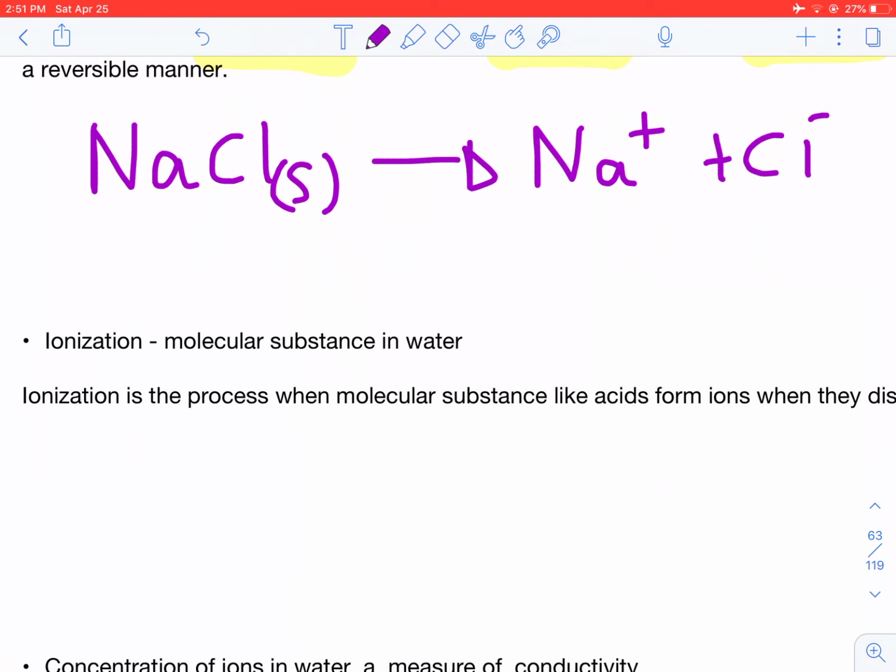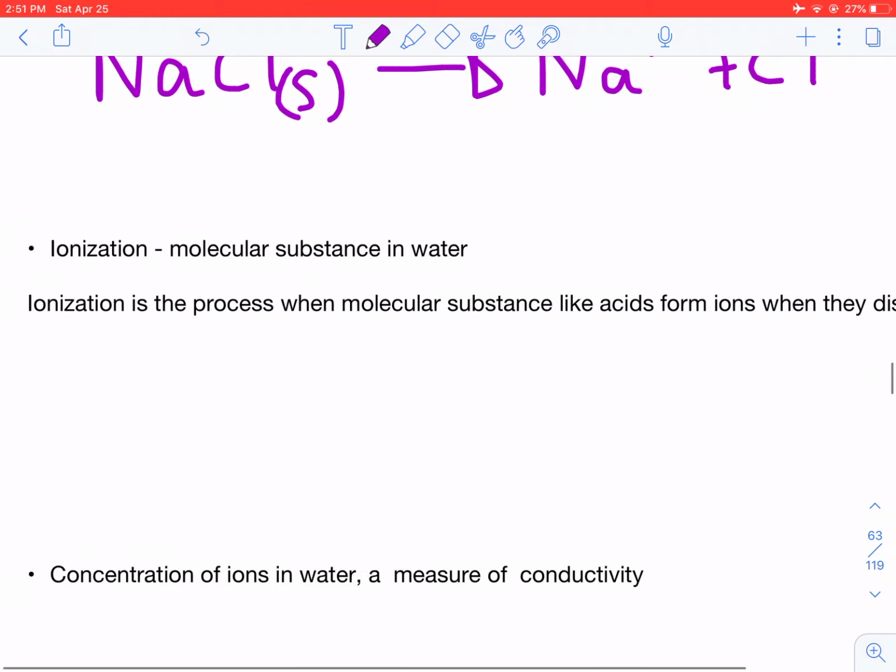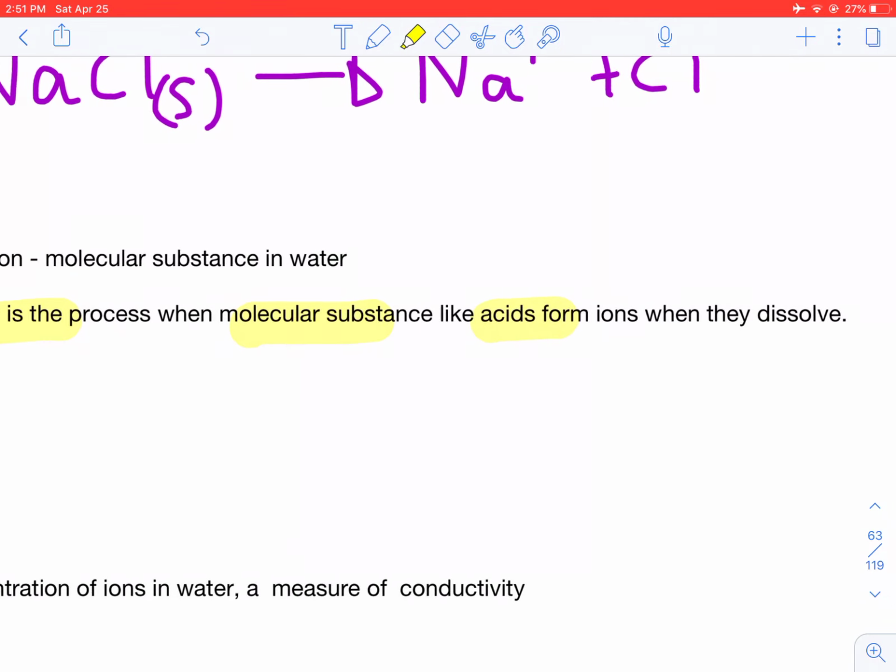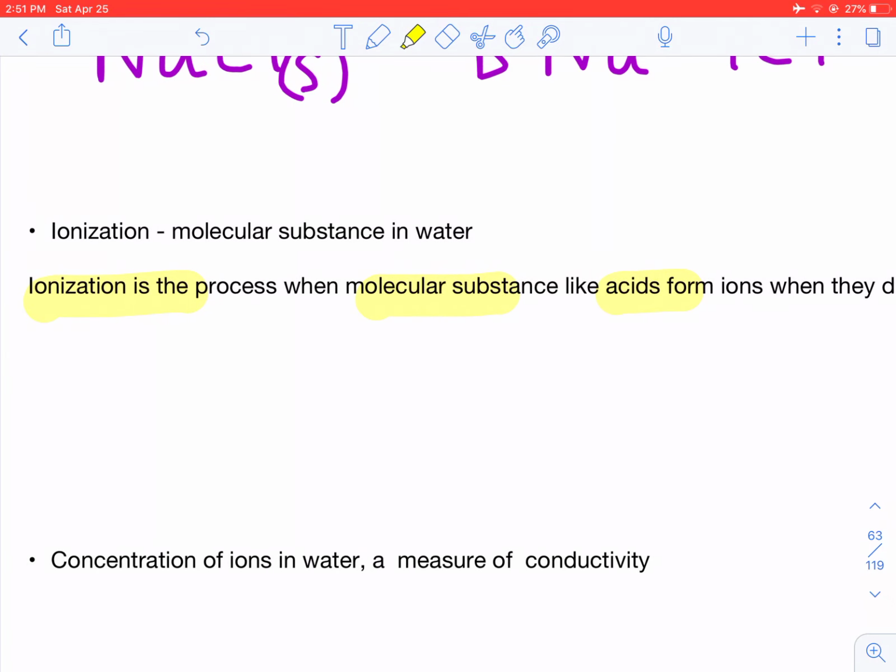Ionization of a molecular substance in water, right? So the ionization here is a process where molecular substances like acids form ions when they dissolve in water.